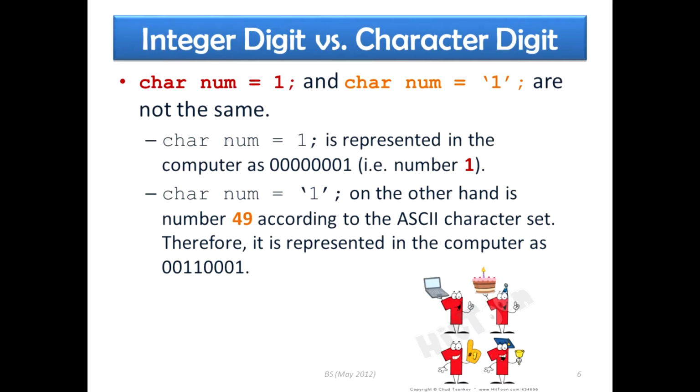So char num equals 1 and char num equals '1' are not the same. When you do char num equals single quotation 1, which is how we always assign our character, the value is 49 according to the table.